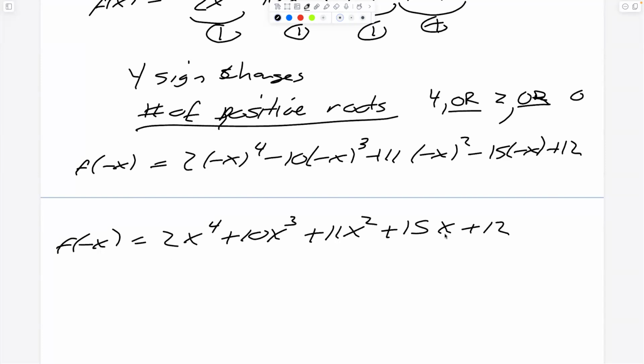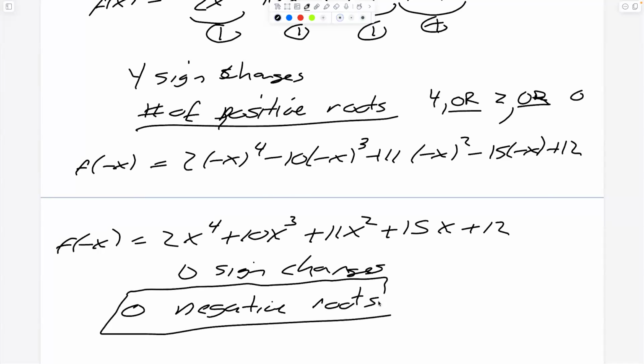Now I go through and I count my sign changes. Positive, positive, positive all the way through. 0 sign changes. So there are 0 negative roots.